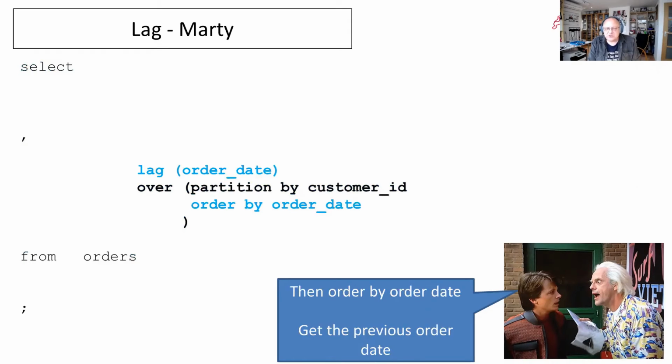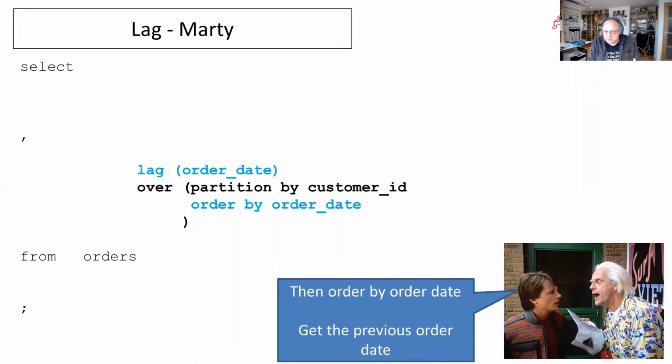By default, as it's used here, it looks at the row just before the current row, and we can get the order date from that row. Here we have the order date from the row just before the current row.